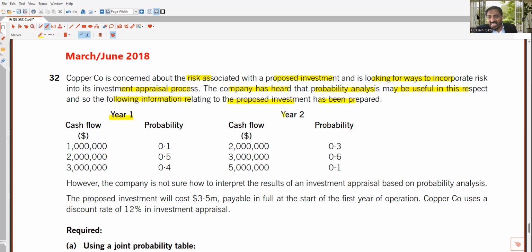Year 1 and year 2. There is information about the probabilities, but at two places, at year 1 and year 2. This is something about joint probability.